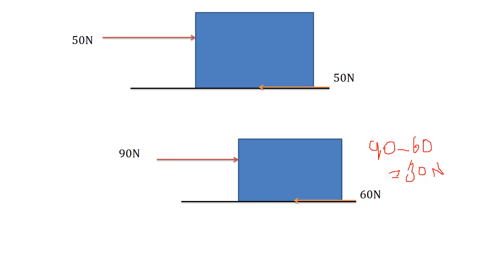We can find the unbalanced force: 90 minus 60 Newton, that is equal to 30 Newton. Okay, done.